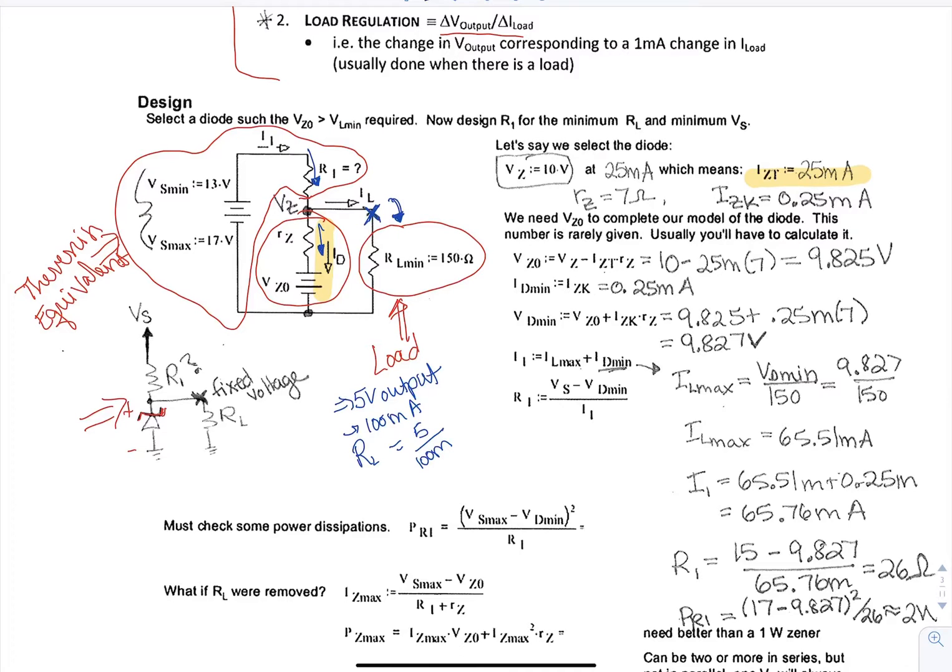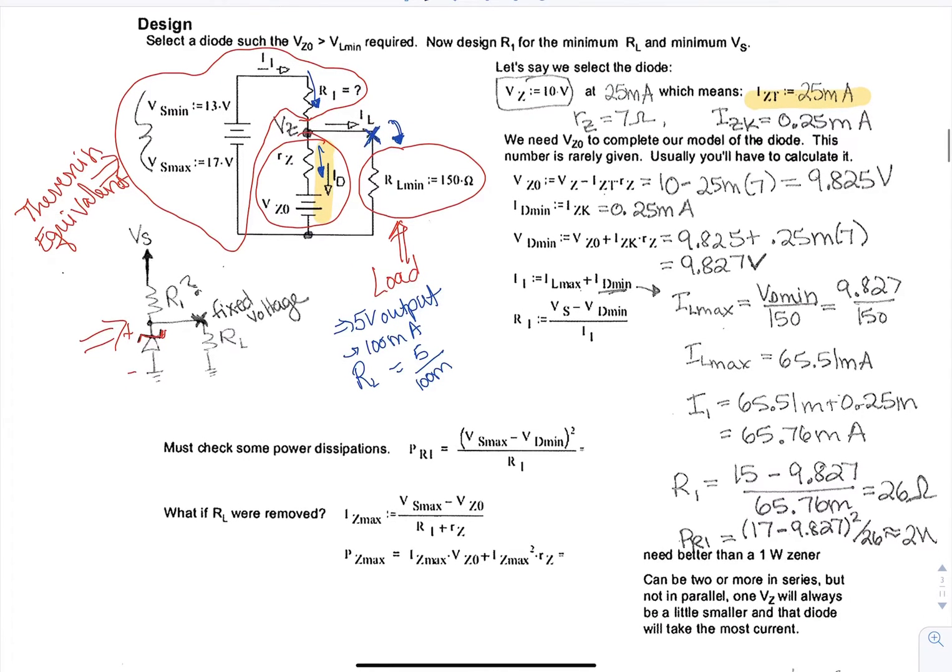So here I've already gone through the detailed numbers. From a data sheet, you can read off VZ, which is going to be your rating for it. That's the VZ0. So for example, 10 volts is achieved when we have a current going through it of 25 milliamps. The RZ is given on that data sheet as 7 ohms.